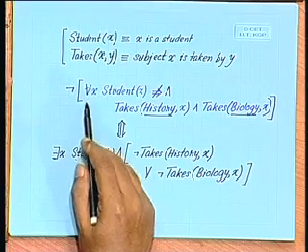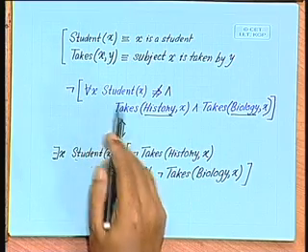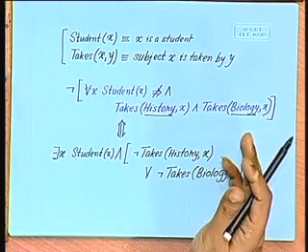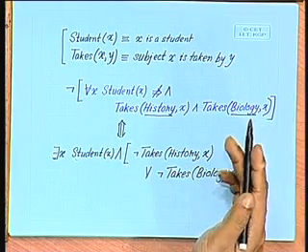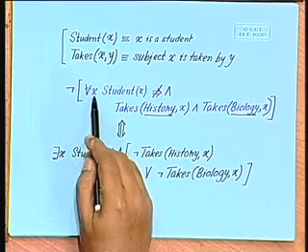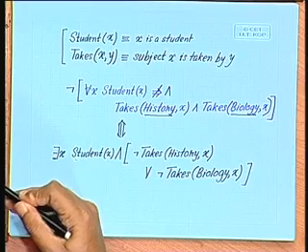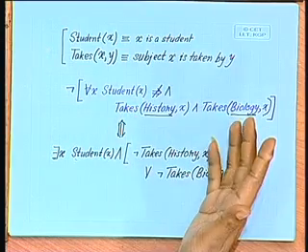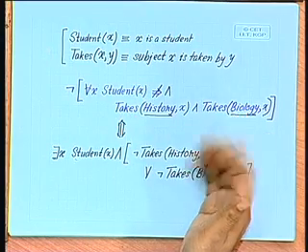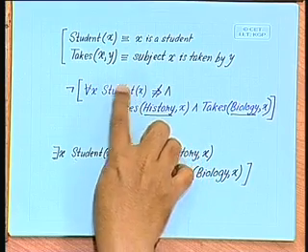I can always find some value to instantiate x such that that value is not a student. Suppose I instantiate x to table, and then in your knowledge base you will not find student table. So then this thing will fail.